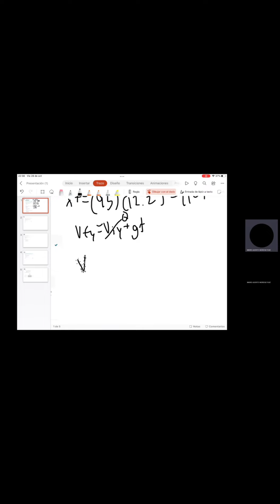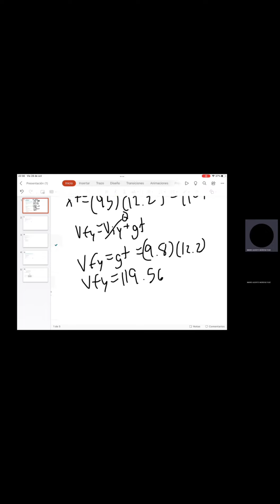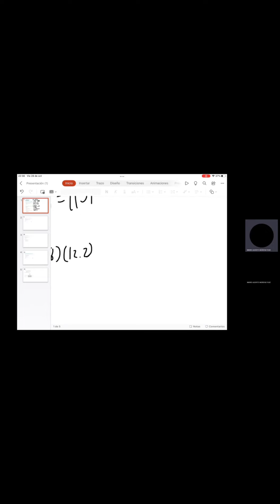So this will be gravitational acceleration times time. So it will be 9.8 times 12.2. And this will give us as a result that final velocity in y is equal to 119.56.